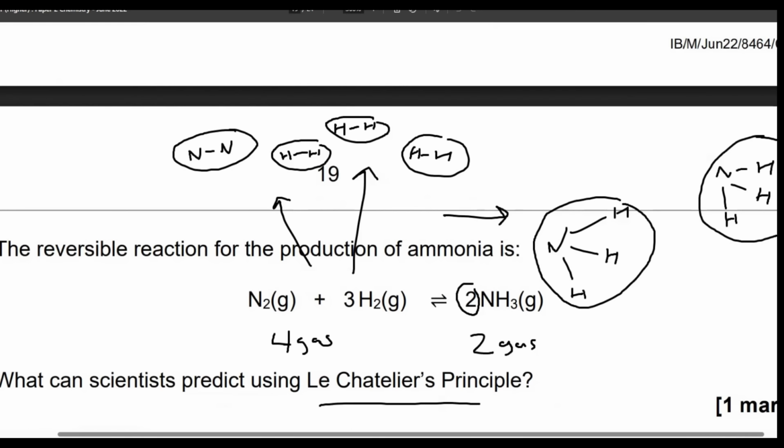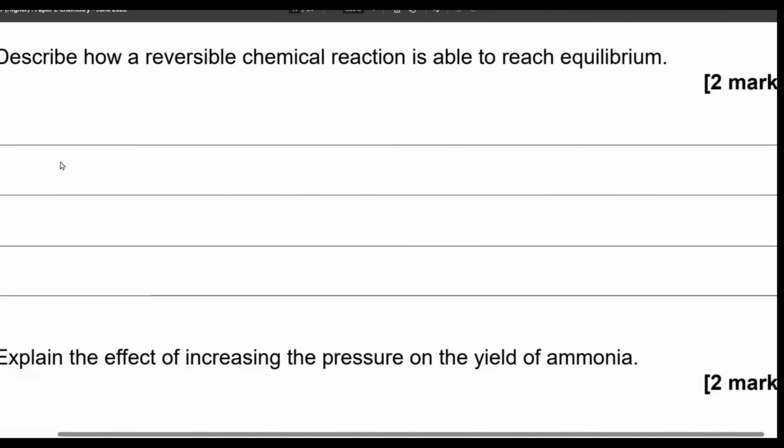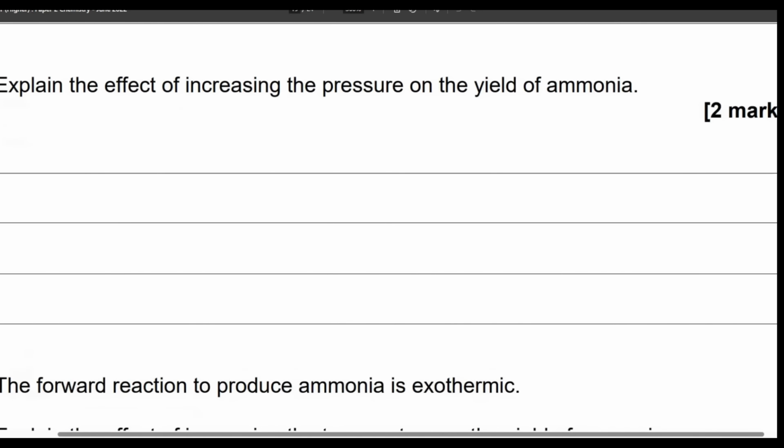Let's go put our answer in. Let's delete all of that. Here we are. Explain the effect of increasing pressure on the yield of ammonia. So we get 1 mark for saying ammonia will increase. So the yield of ammonia will get bigger.